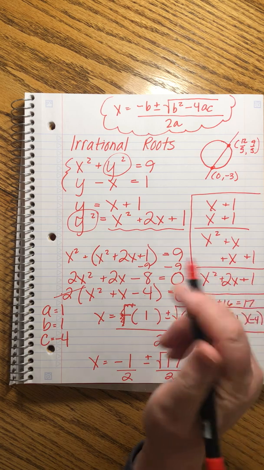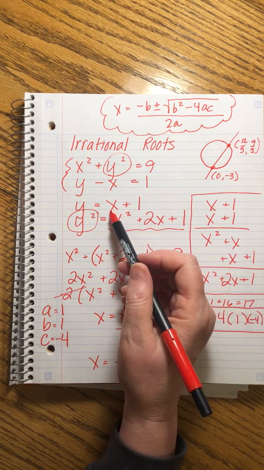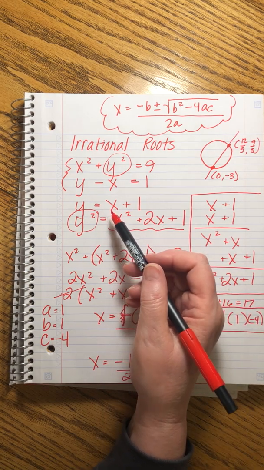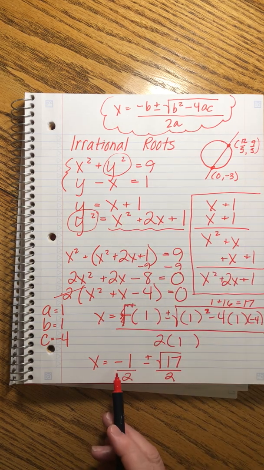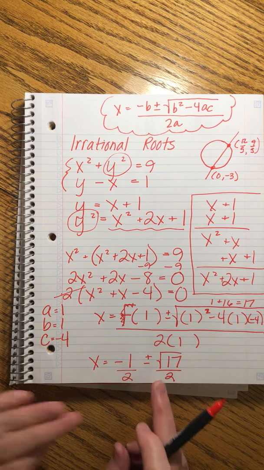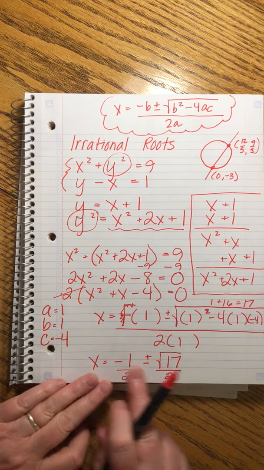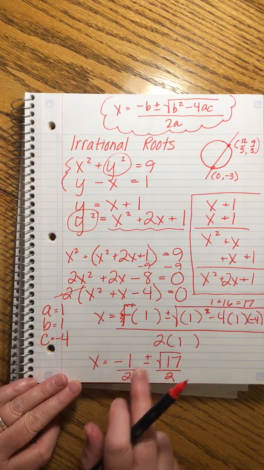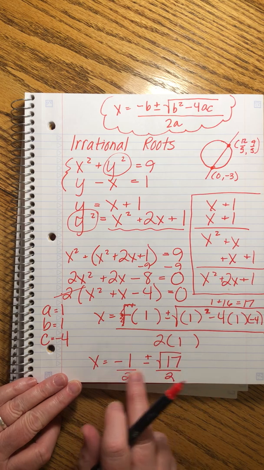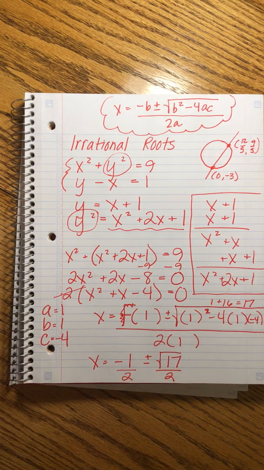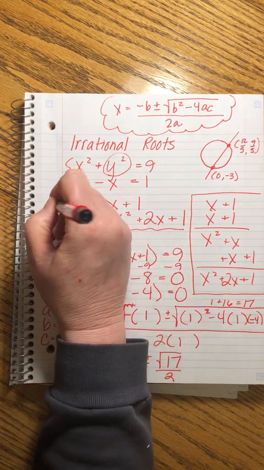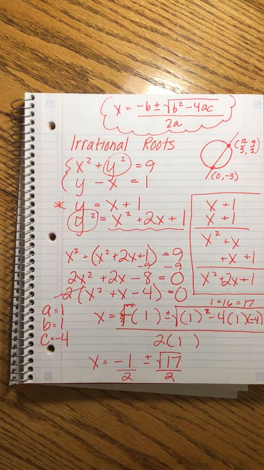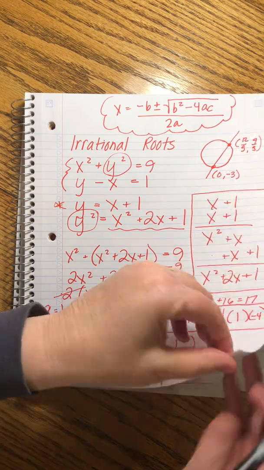Well, I propose we use this one because it looks the easiest, right? So what I'm going to do is copy this to the top of the next page. I'm going to write these not as one. I'm going to break them apart and do minus 1/2 plus that, minus 1/2 minus that. I'll set them up in two columns, and then we'll use this to solve for the y's.